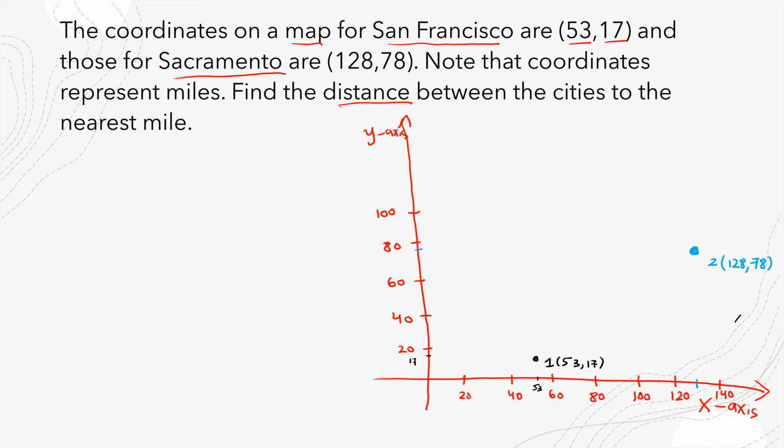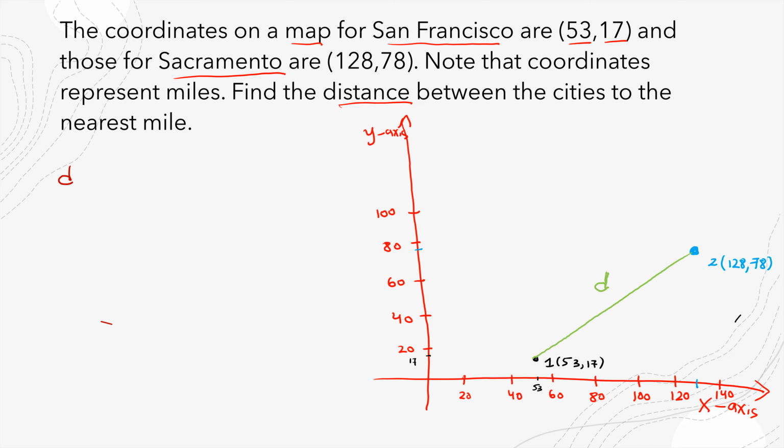Now what we are looking for is the distance between these two points. Drawing a straight line will give us the shortest distance between them, and that is represented by our variable d.